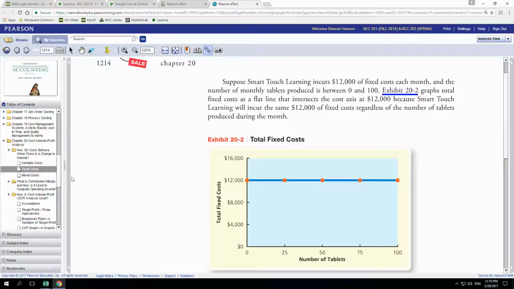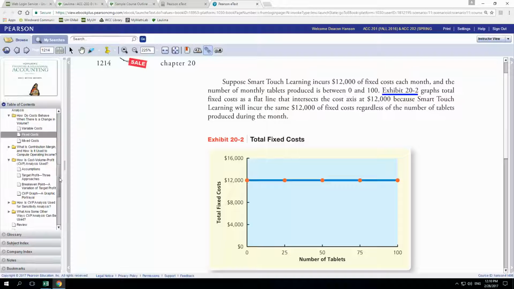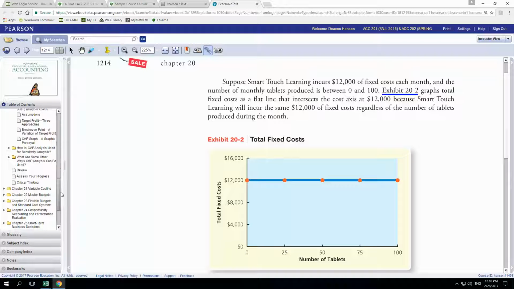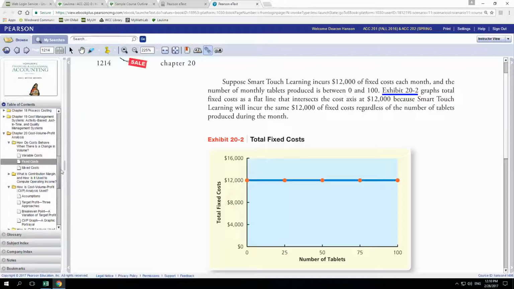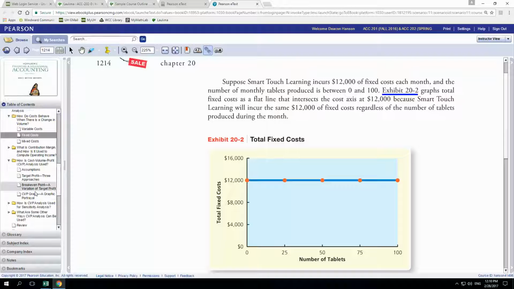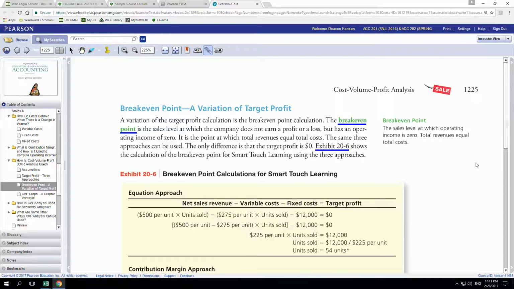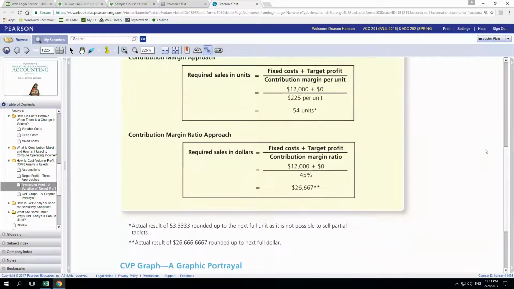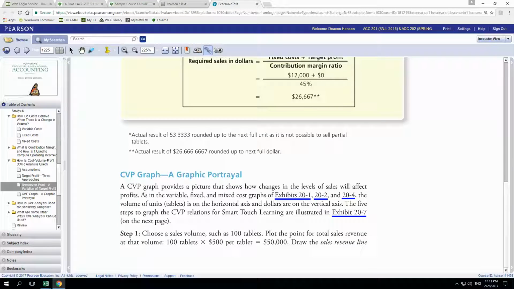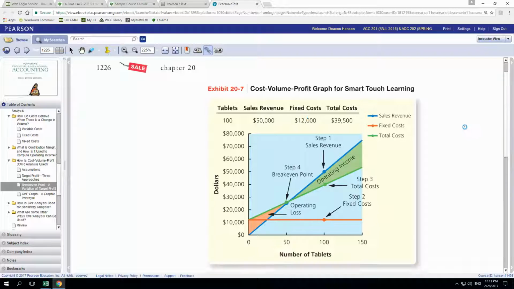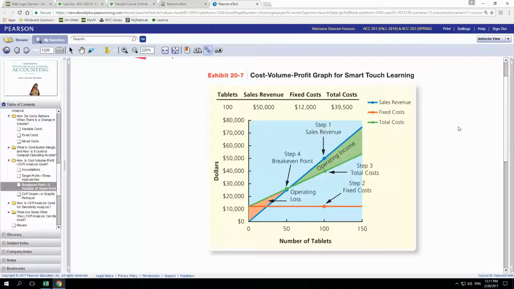And then they talk about the break even, and they have a graph of that. Where did our break even graph go? And they have a good problem that they walk you through. Here, that's exhibit 20-7. That's a pretty good comprehensive graph of a break-even point.